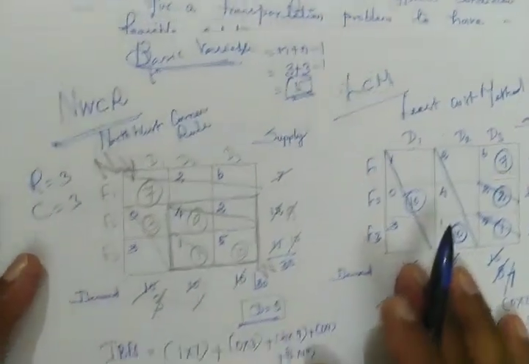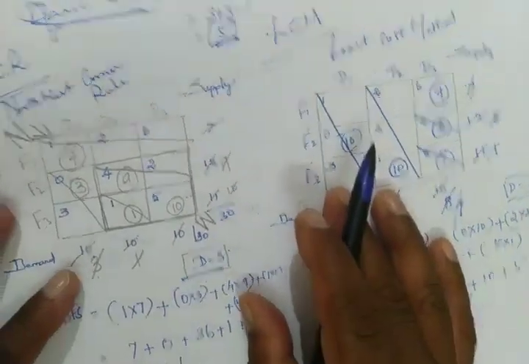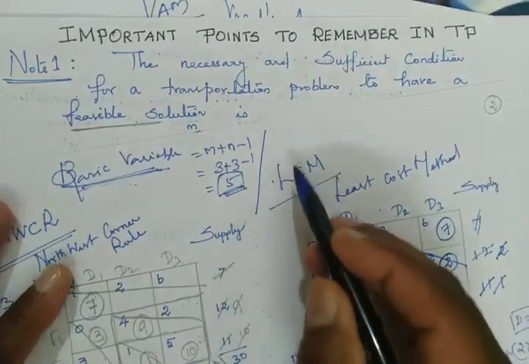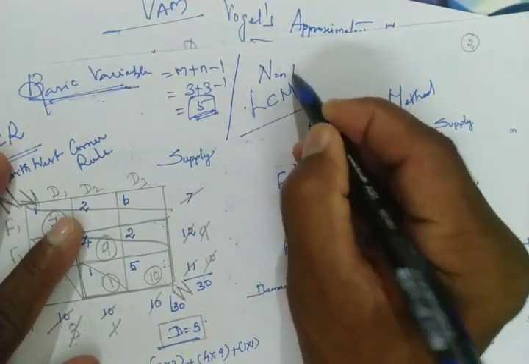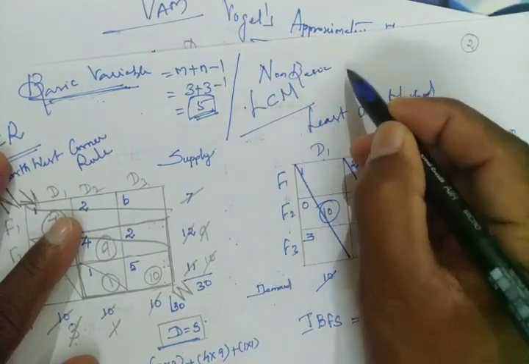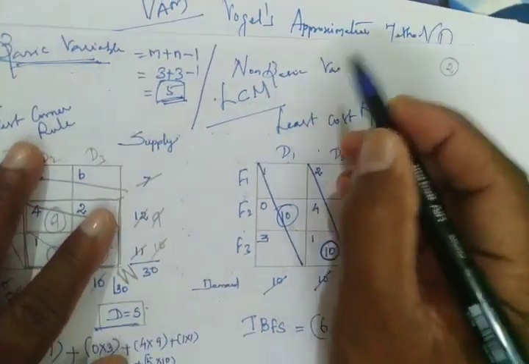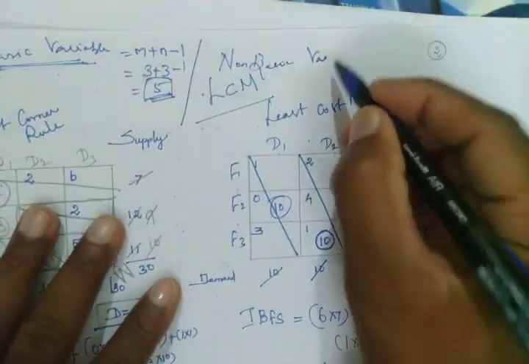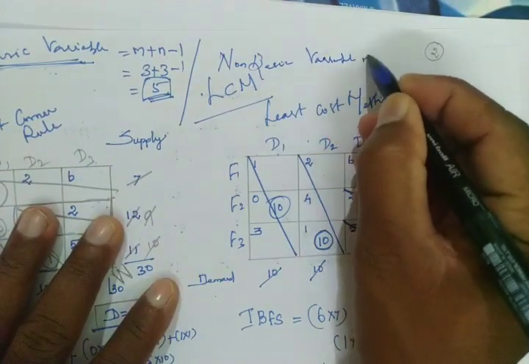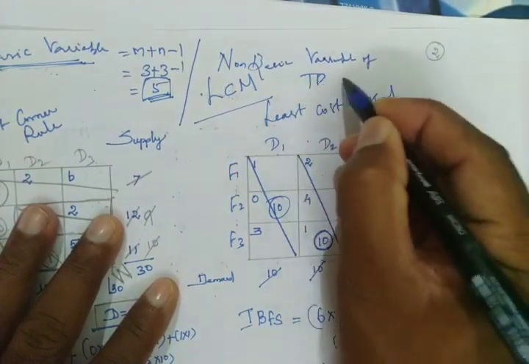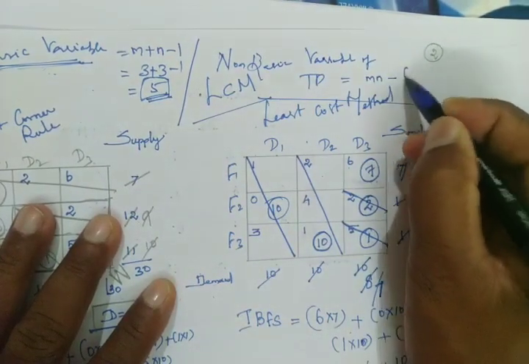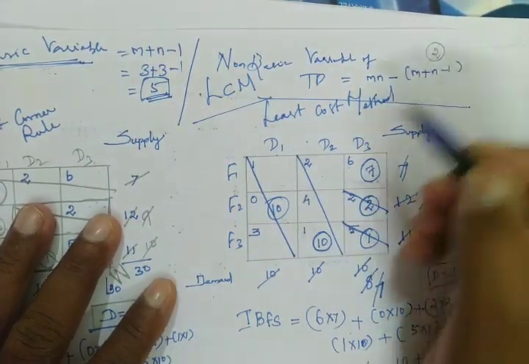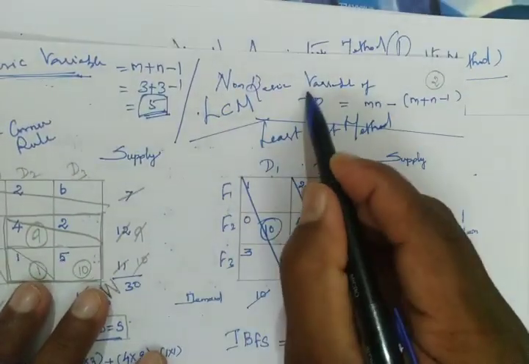What is a non-basic variable? The number of non-basic variables of a TP is given by the formula m into n minus (m plus n minus 1). I am taking the same example.